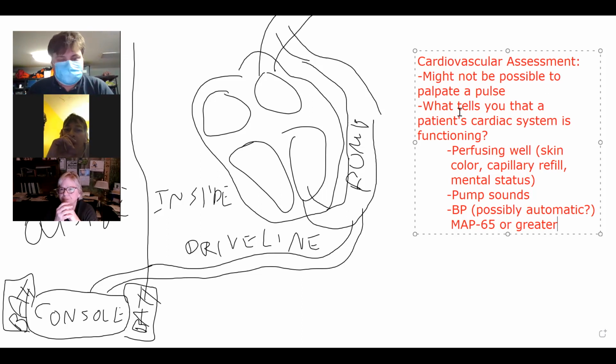And then two, sometimes you can get the VAD to send a message across the console that says low flow. And that basically means that the pump is not able to drive a ton of blood from the ventricle up to the exiting vessel. There's some problem that's preventing blood from flowing properly through the pump.